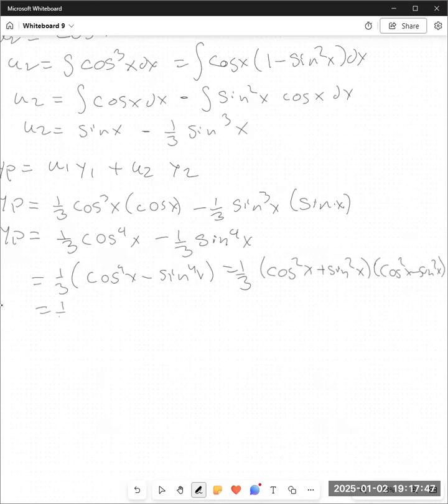So that's going to be 1/3 of, and then that's 1, and that is cosine of 2x.